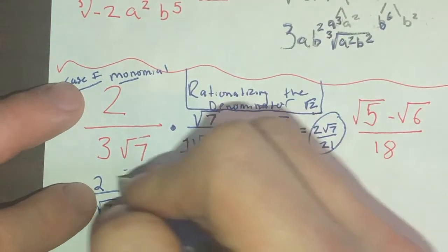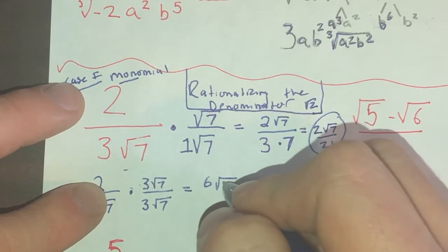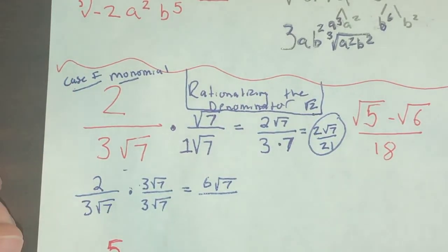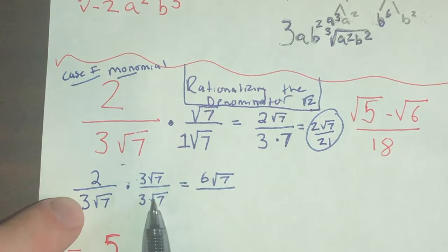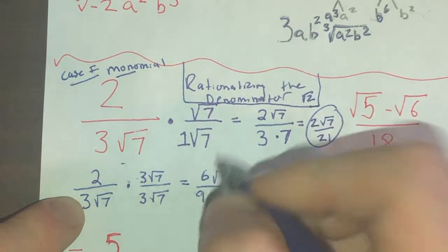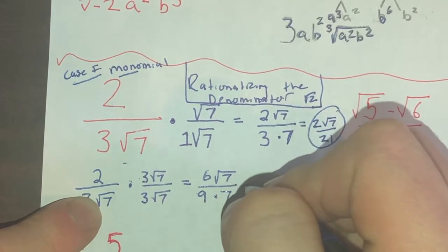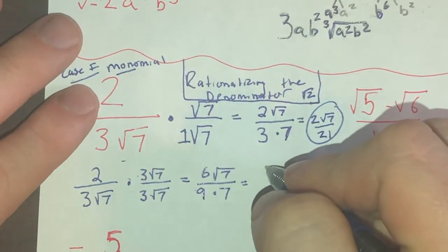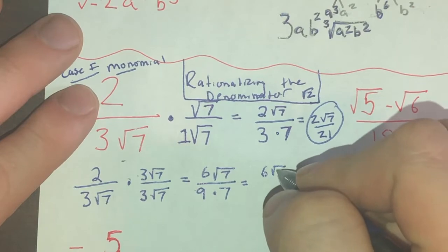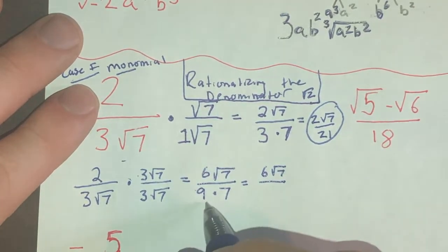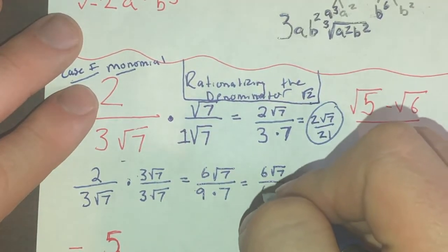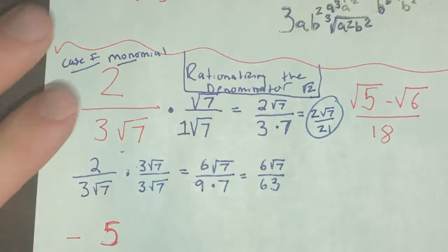We have this no square root times the square root of 7, we get a square root of 7. Down here, I get 9, and then I get 7, again times the square root of 49. Okay, and it's 6 square root of 7 over 9 times 7, which is 63.